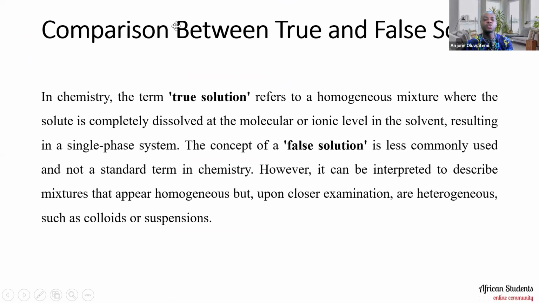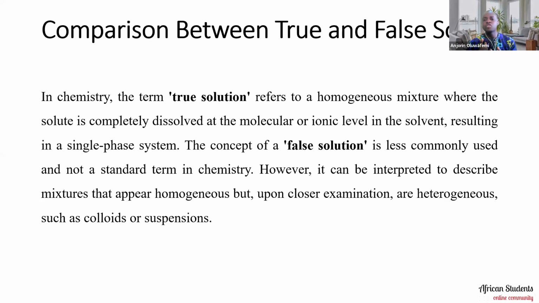Okay, let's do a comparison now, between true solution and false solution, in quotes. In chemistry, the term true solution refers to a homogeneous mixture where the solutes completely dissolve at the molecular or ionic level in the solvent, resulting in a single phase system. That is what a true solution is.